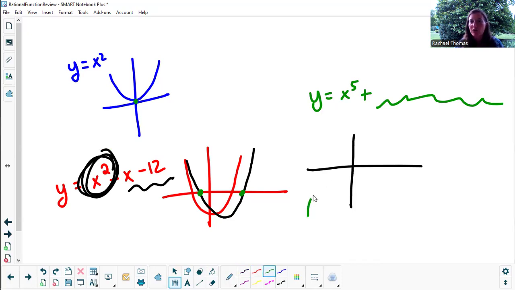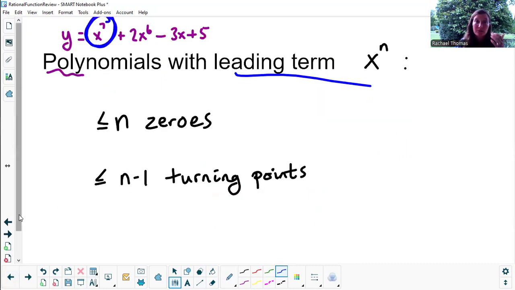I know its overall shape is going to look something like that, because that's what a positive odd power looks like as a power function. But the interior here could actually do some pretty funky stuff. This would be what I'd expect a graph to look like from a polynomial whose leading term is x to the 5th.